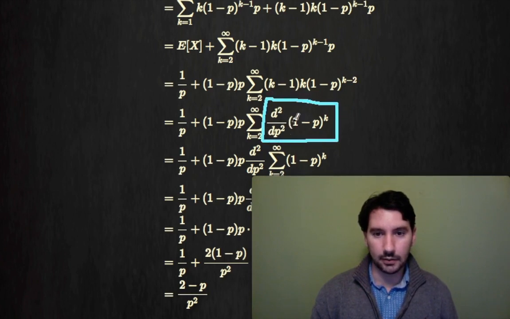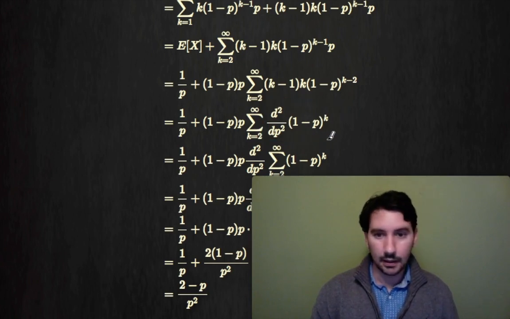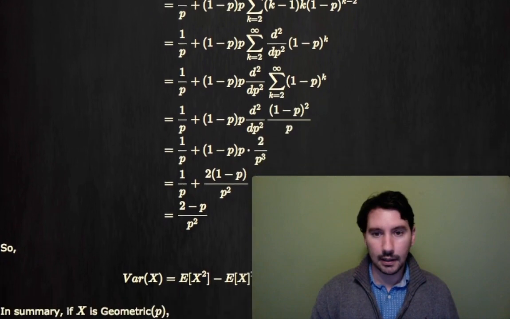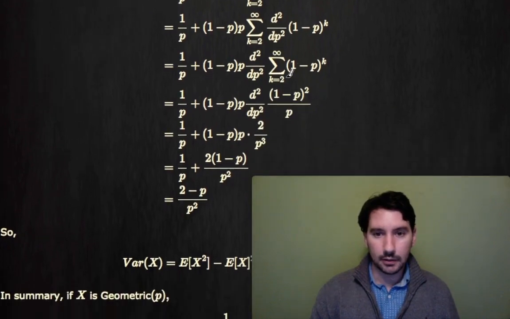If you take the second derivative of (1 minus p) to the k, you'll get a k minus 1, and you'll have (1 minus p) to the k minus 2. The chain rule will bring out 2 negative signs, but those will cancel. And once again, we pull the second derivative out of the sum. And now we're summing (1 minus p) to the k from 2 to infinity.